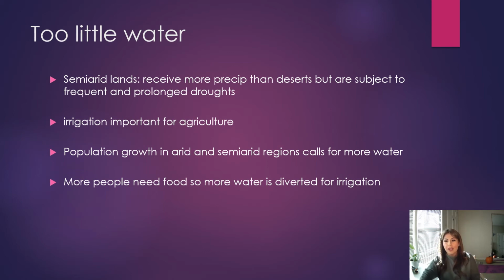So there's a lot of problems with growing crops in areas that are dry. And so here in California, we grow a lot of crops. California pretty much supplies the United States with agriculture, not with the entire agriculture, but it is a huge part of the agriculture for the United States.